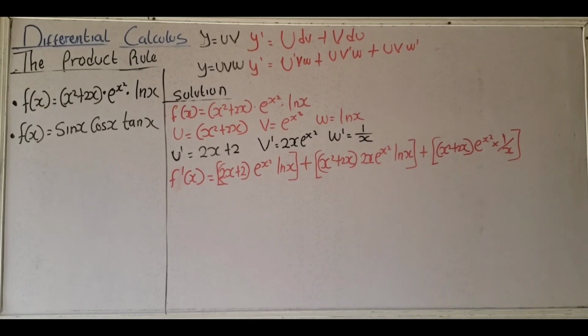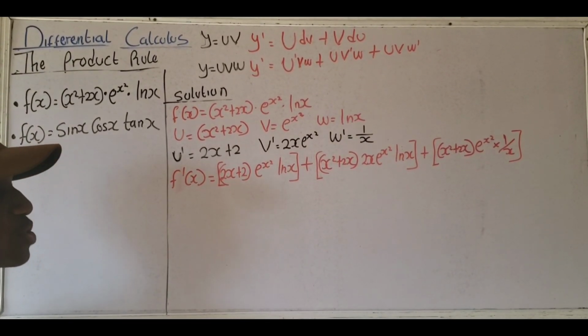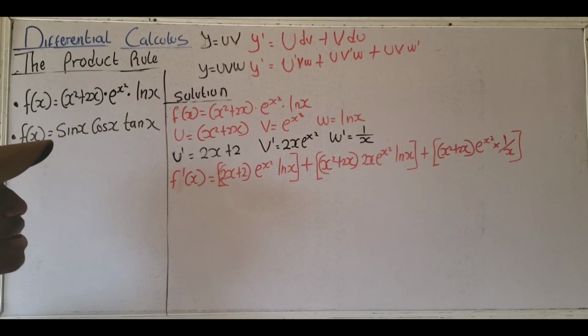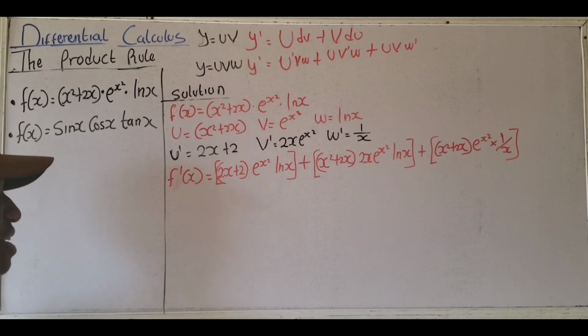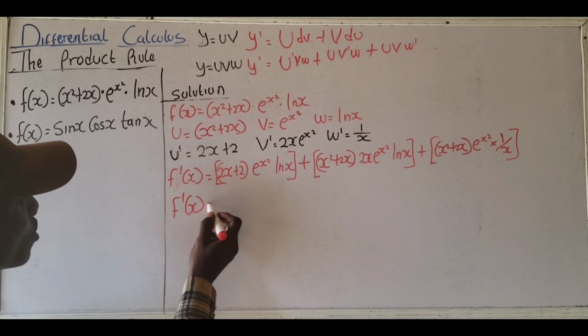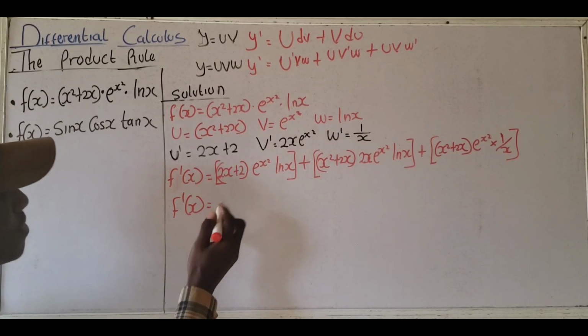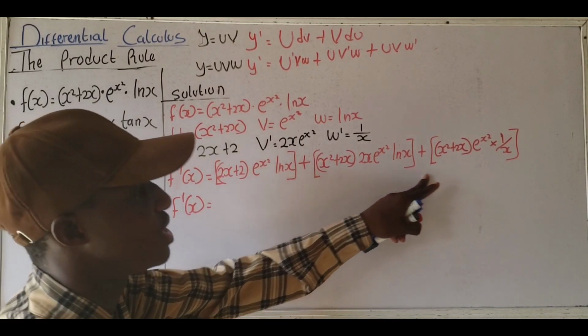Now, having gotten to this point, we can factorize, you understand? The reason why I want to factorize is in an attempt to help us to simplify the answer, okay? So here, I'm going to have the derivative of f(x) is equal to, now, factorize e to the x squared, because e to the x squared is common to the three brackets.